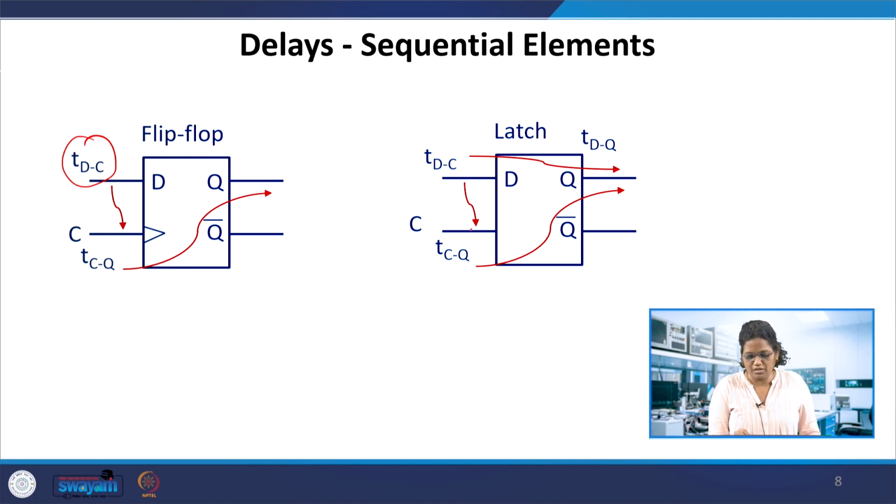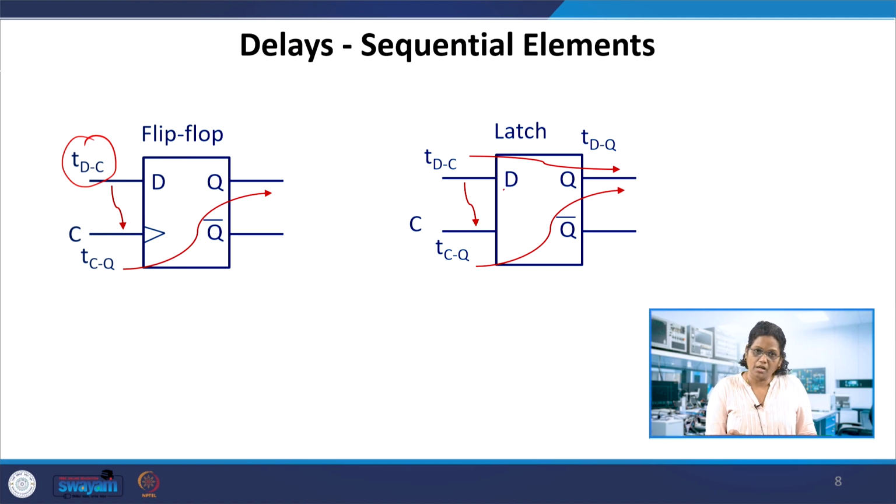If it's level sensitive, the D to clock or D to enable time is there as in the flip flop. But also there is the clock to Q delay, that is when C becomes 1, how much time the data takes to be assigned to Q. So that is the clock to Q delay.